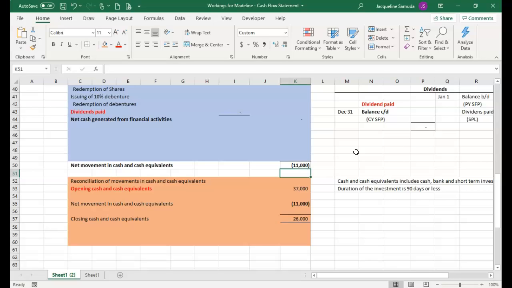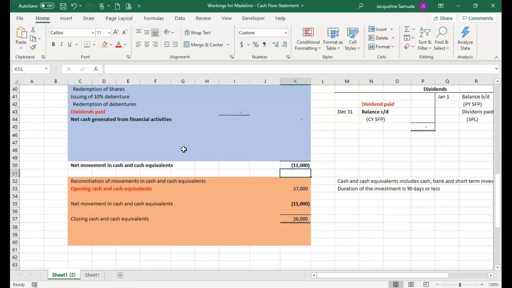So now we're going to go into the calculation for each section to see how well the business did with these three activities: operating, investing, and financing.